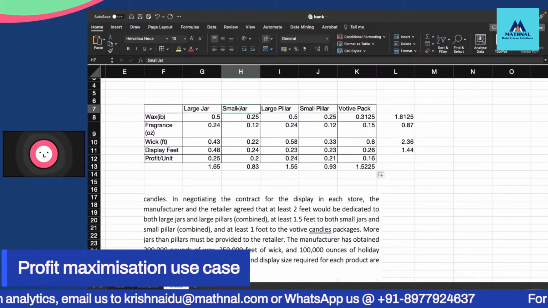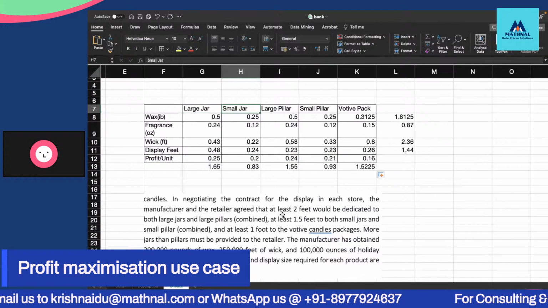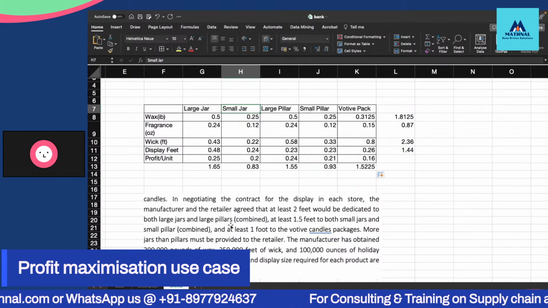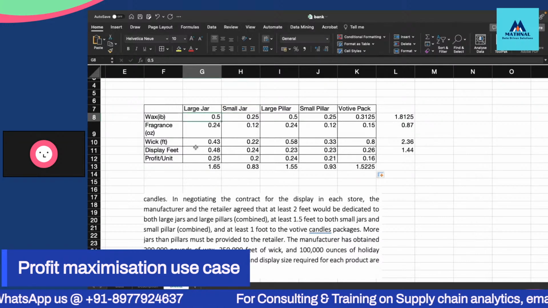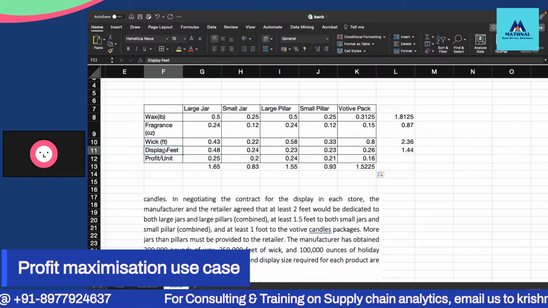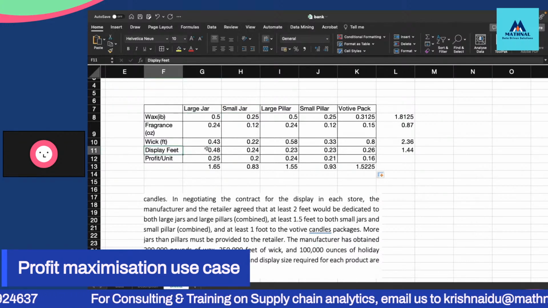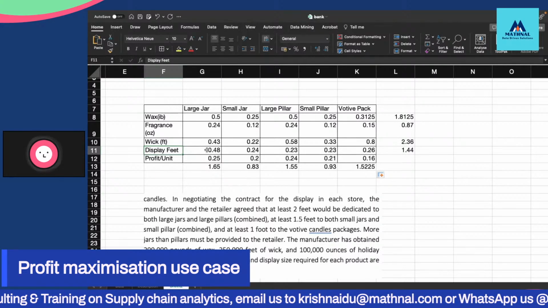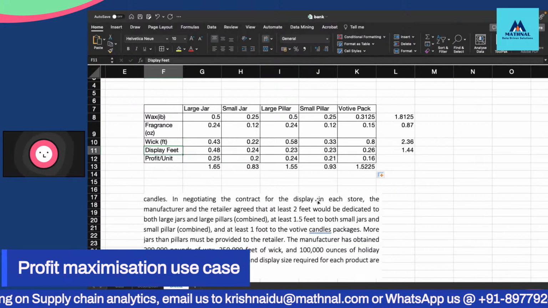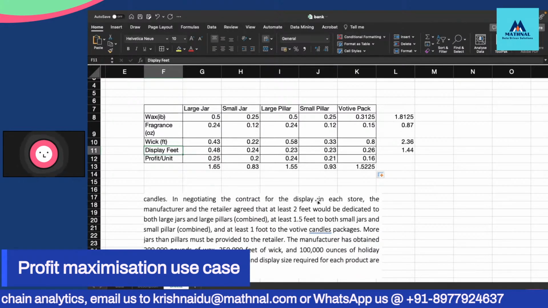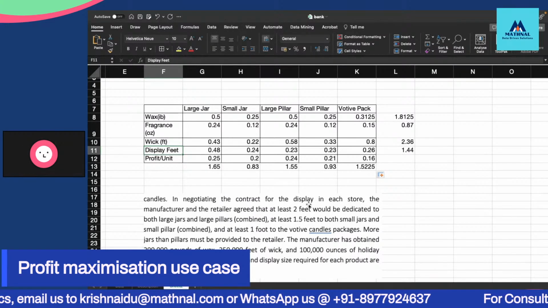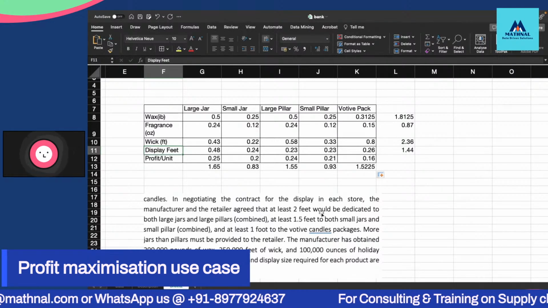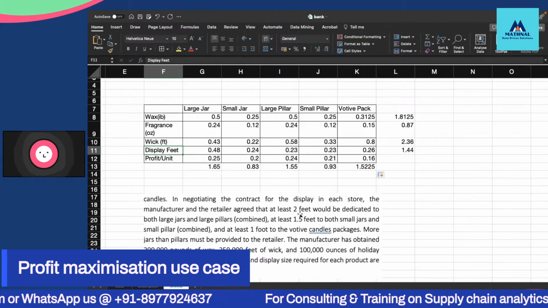Large jar and small jar, 2 feet will be dedicated to both. The display will be at least 2 feet.